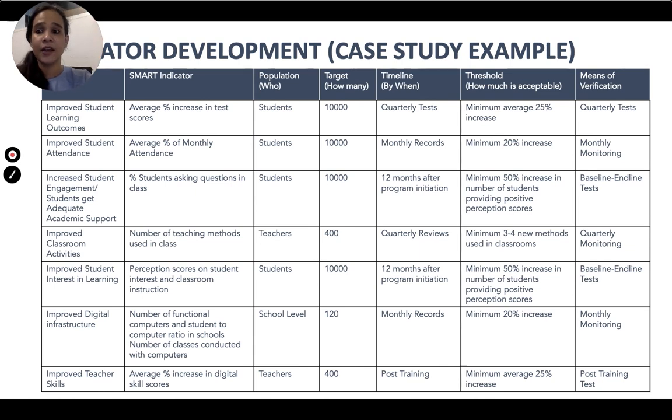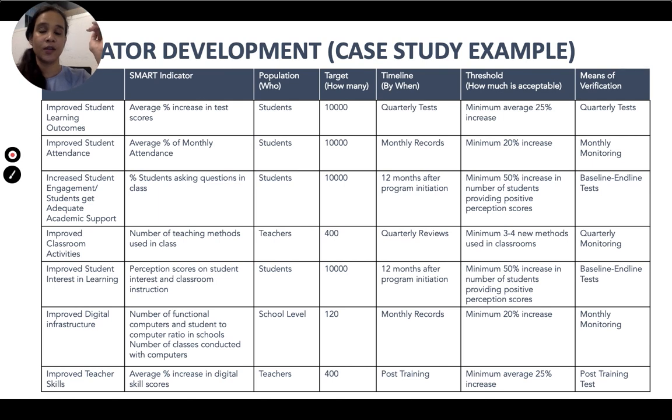We have then looked at increased student engagement through observations, where we are also looking at students asking questions in classes after 12 months of program initiation. And this is done by students providing positive perception scores.